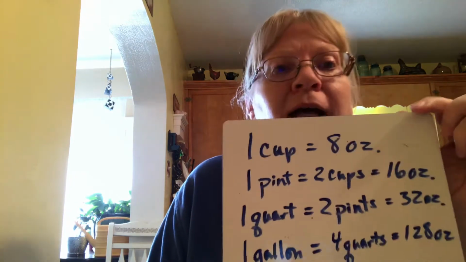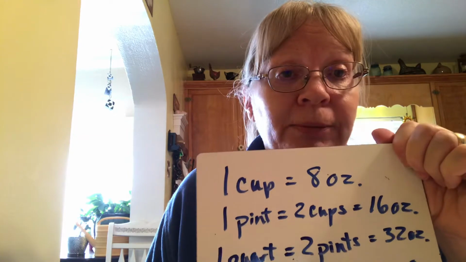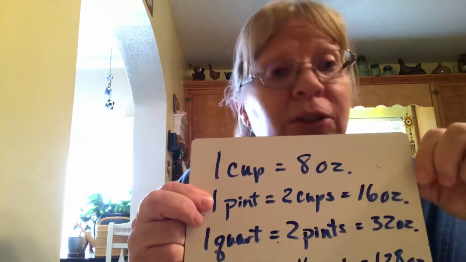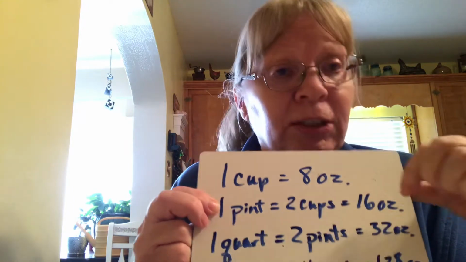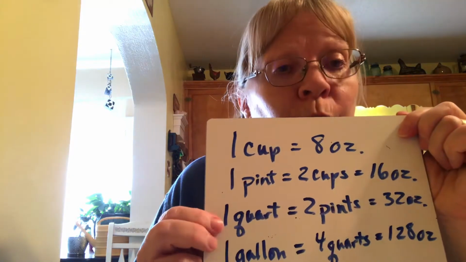First of all, 1 cup equals 8 ounces. Now, if we have 2 cups, that's the same thing as a pint, and that would be twice as many ounces, so 16 ounces. Then we have a quart.